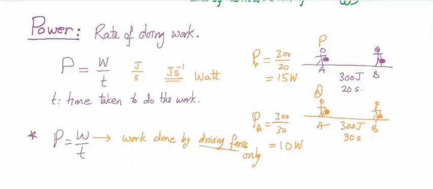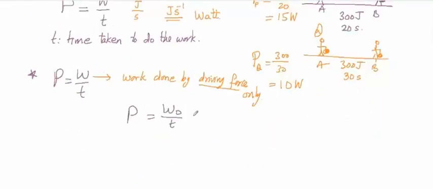So we write the formula as power is equal to work done by the driving force divided by the time taken. This is a better form of this formula. We don't consider the resistances here, and it is not the work done by the net force.